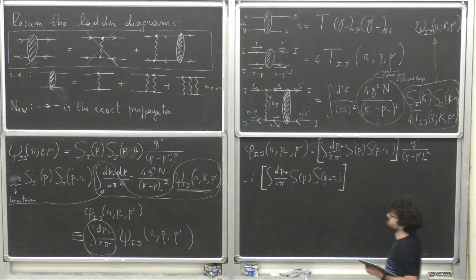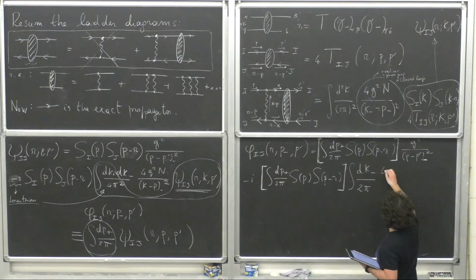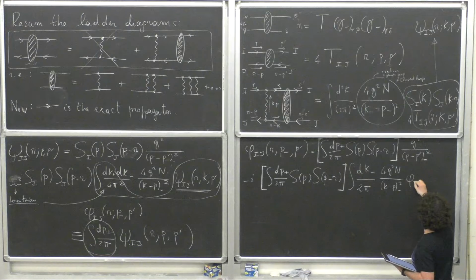And what I'm left with is the integral in dk minus of 4g squared n over k minus p minus squared times phi ij.